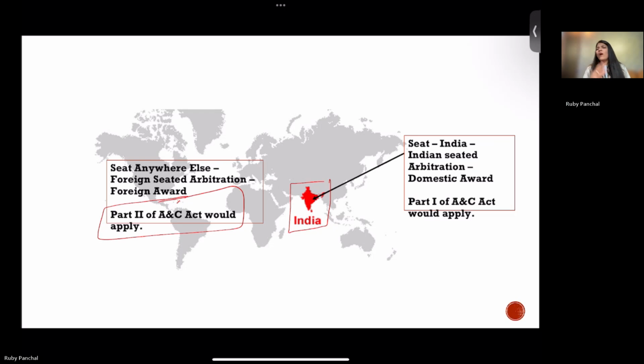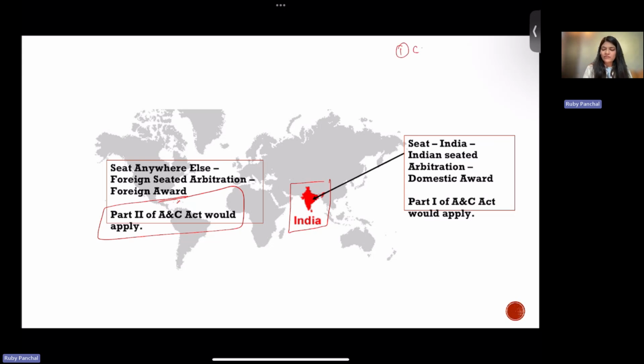Now, why do we have this distinction? That question must be arising in your mind. So, in order to answer that, we can broadly say that any provisions relating to an arbitration, on the whole or holistically, provide for the following matters.